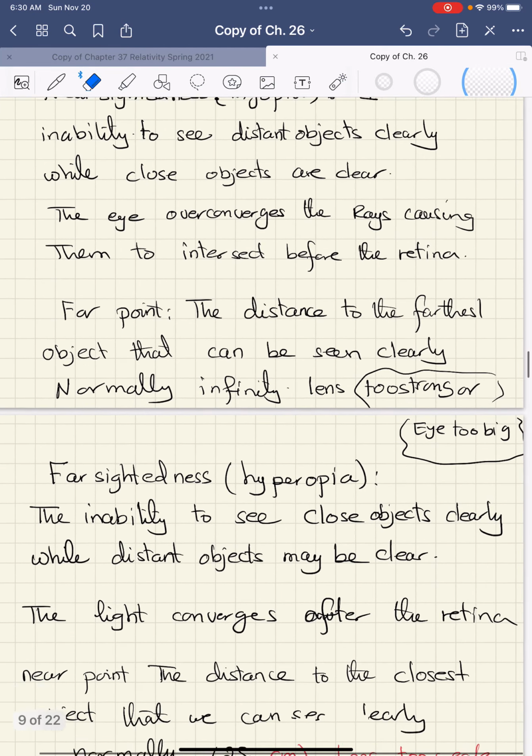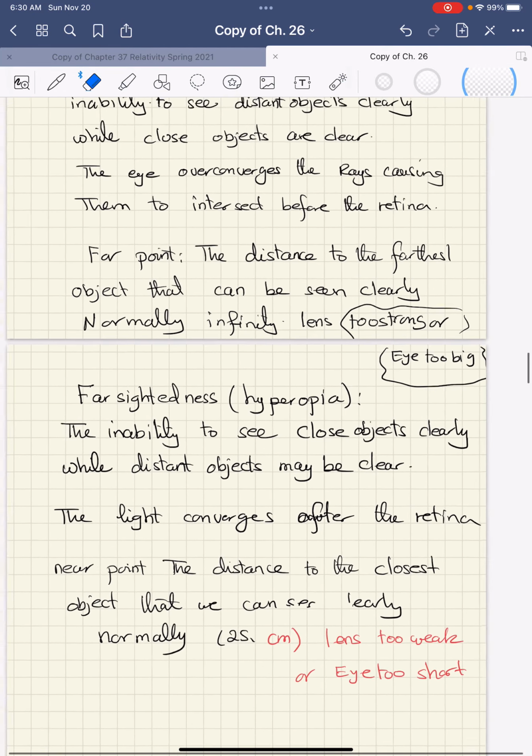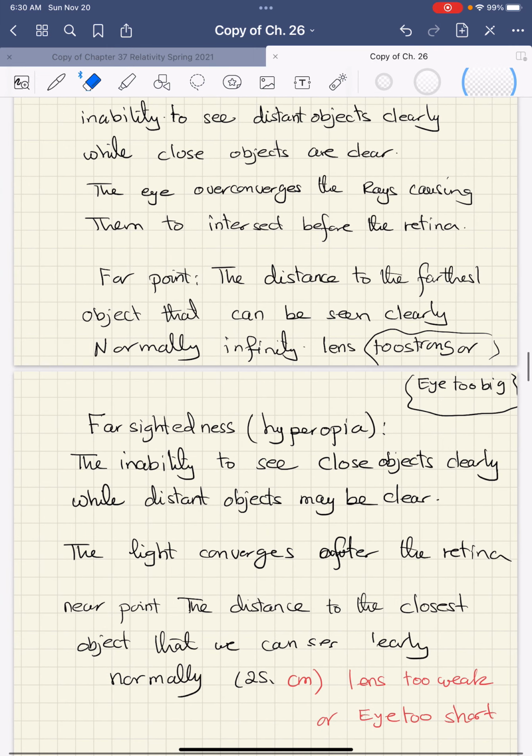Farsighted people are unable to see close objects clearly, but they are able to see distant objects well. Now the near point for a normal person is the distance to the closest object that can be seen clearly, and normally for people without defects that is 25 centimeters.